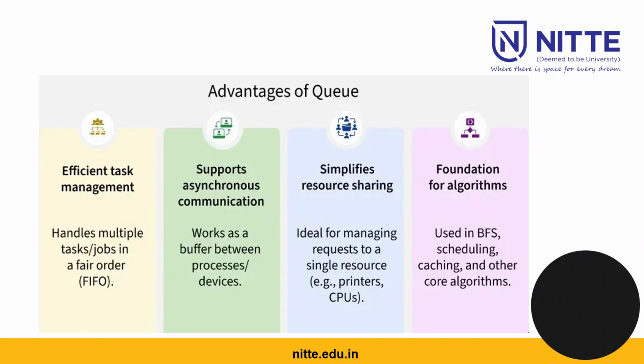That's how it simplifies resource sharing also. And also it is a foundation for algorithms. The queue is used to implement breadth first search and also used in scheduling, caching, and other core algorithms.